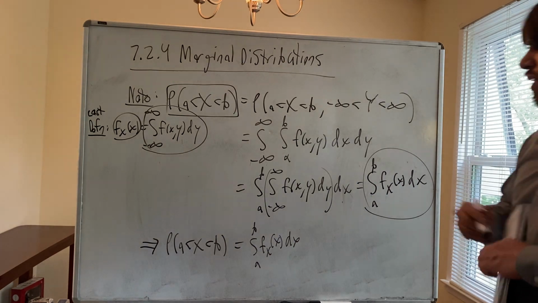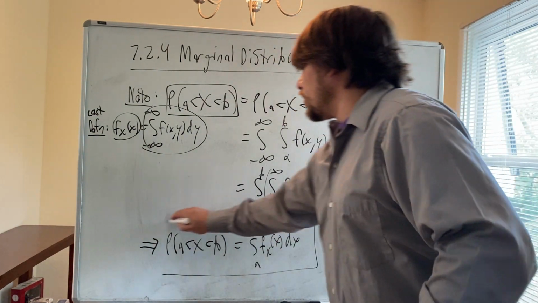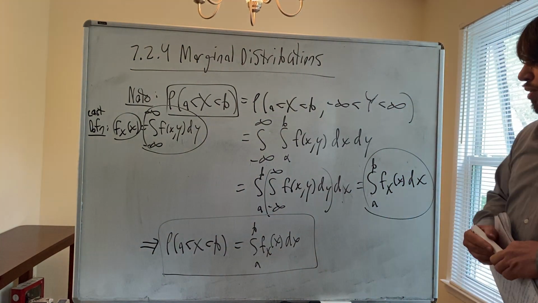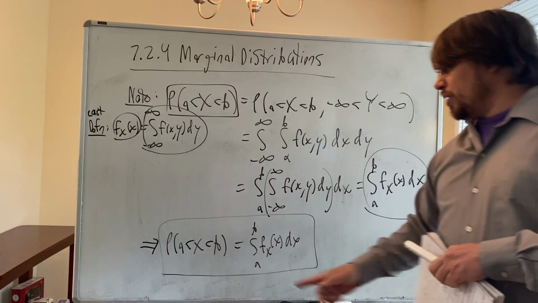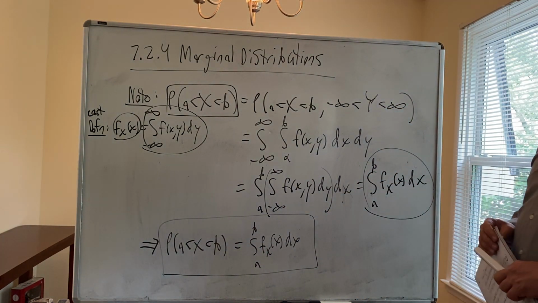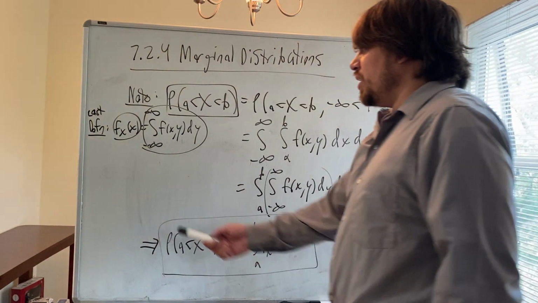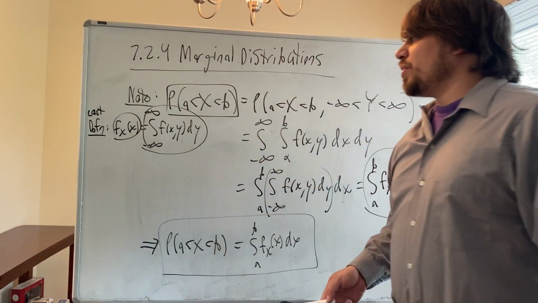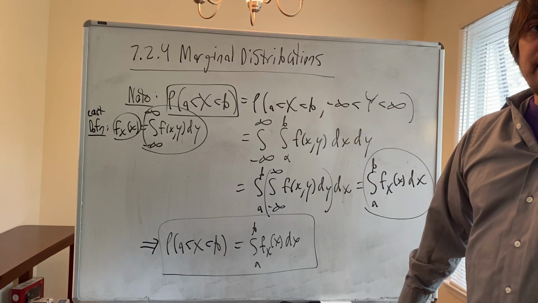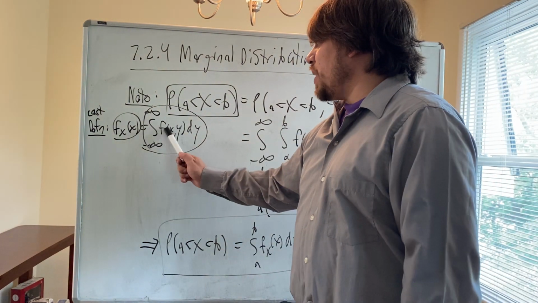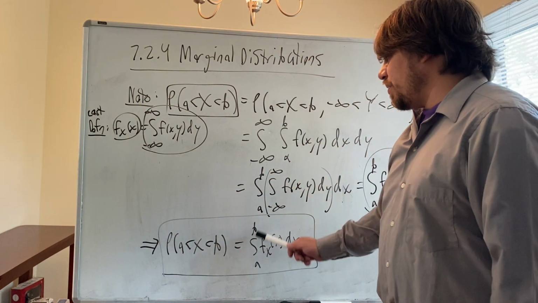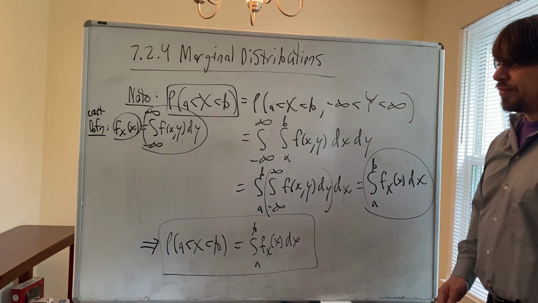Okay, and so this is an important equation to know. This is good to know. How do you find that probability with the marginal probability density function? You integrate it from A to B, like that. Right? And how do you find this probability? You can find it by integrating that. And so together with this definition and that, you can find the probability that X is between A and B. First, you find this by integrating your joint probability density function, and then you plug that in here, and you integrate from A to B to get that probability.